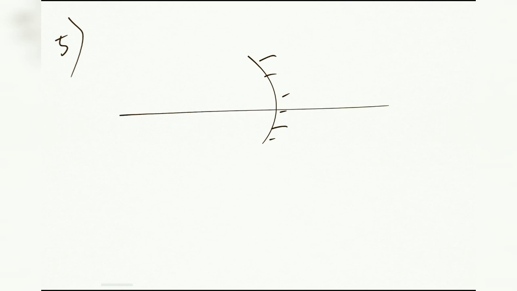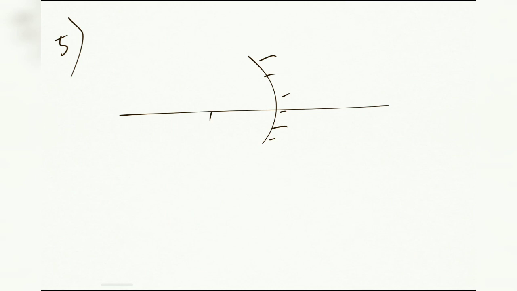Clear? Now the fifth one: a ray parallel to the principal axis incident on a concave mirror, after reflection passes through. First we should take one concave mirror. In a concave mirror, the caved part is the reflecting part, you know, right? A ray is parallel to the principal axis, so let me draw one ray parallel to the principal axis.